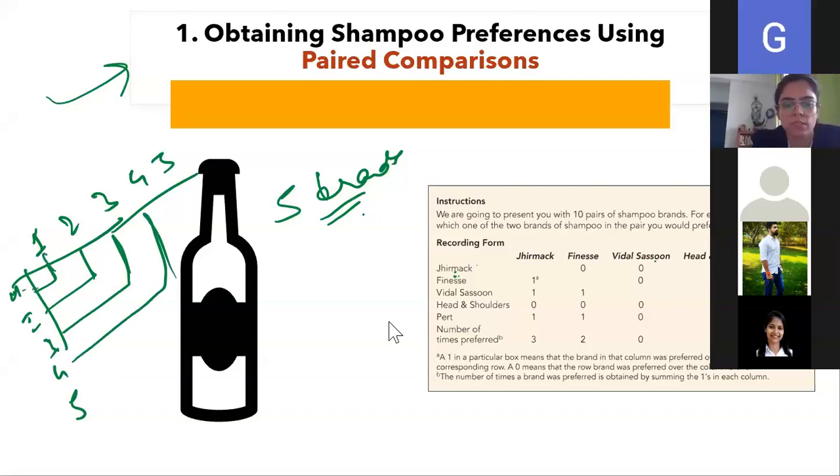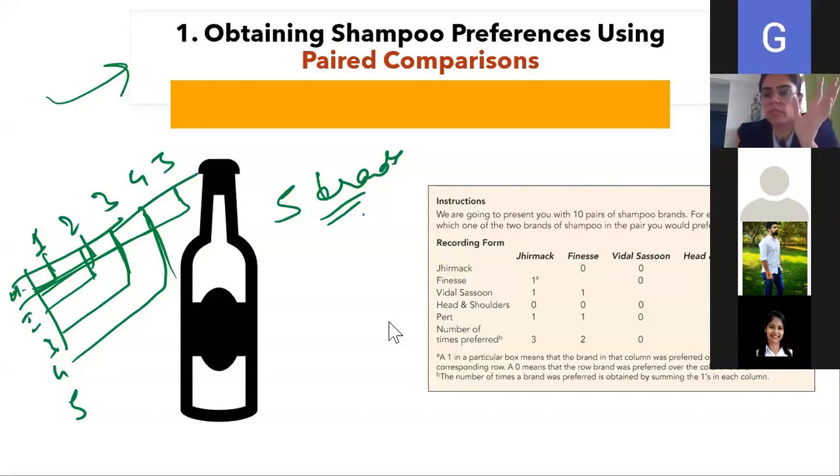First with first, first with second, third, fourth, fifth, like that. So 0 here indicates that the respondent is preferring this brand, here this brand. One means the respondent is preferring Head and Shoulders over Zermac. So that is paired comparison. Okay.